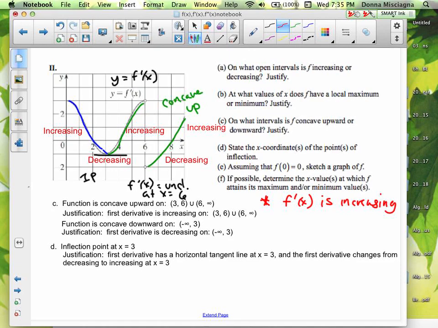So where your derivative is increasing, the function f of x is concave up. And where the derivative is decreasing, f of x is concave down.